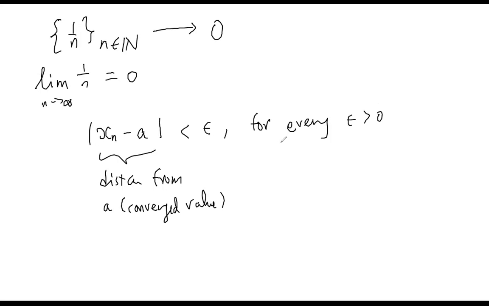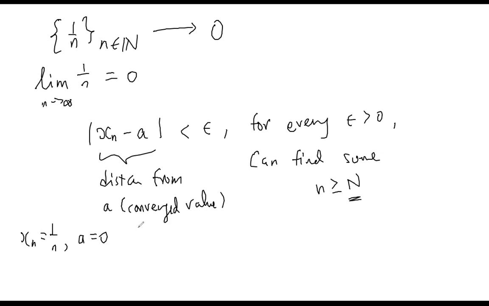All right. And we can find some n greater than the threshold such that this will be true, right? So over here our xn is 1 over n and our A is 0. So basically the condition that we want to establish is that 1 over n subtract 0 is less than epsilon, okay?